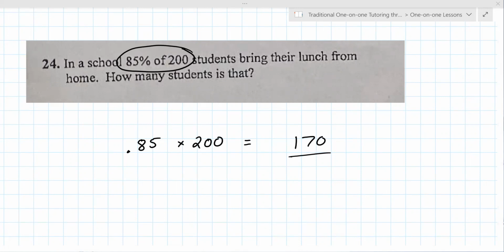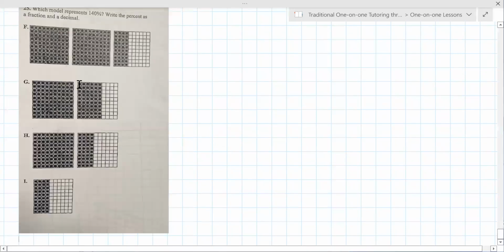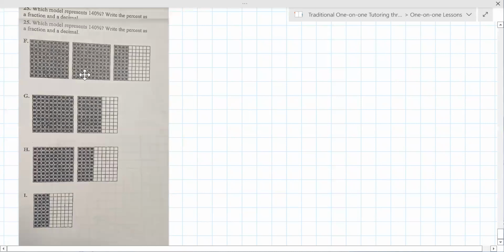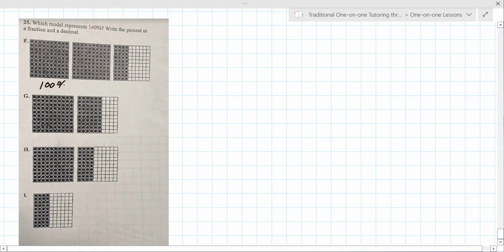Let's really quickly look at 25. It says which model represents 140%. For this first one, this would be 100%, 100%, and then this would be 40%. So that's obviously too much.